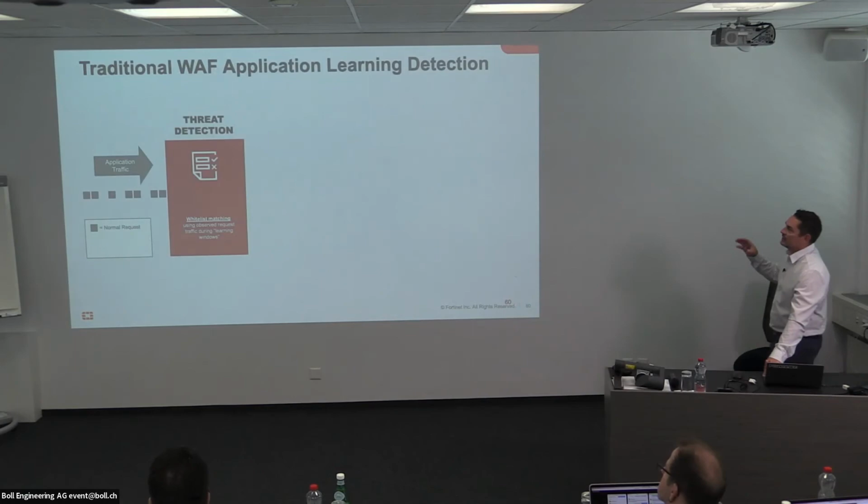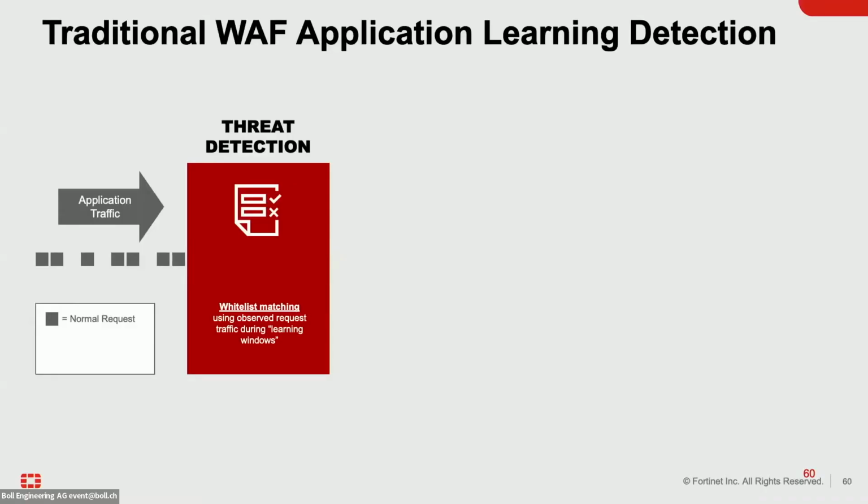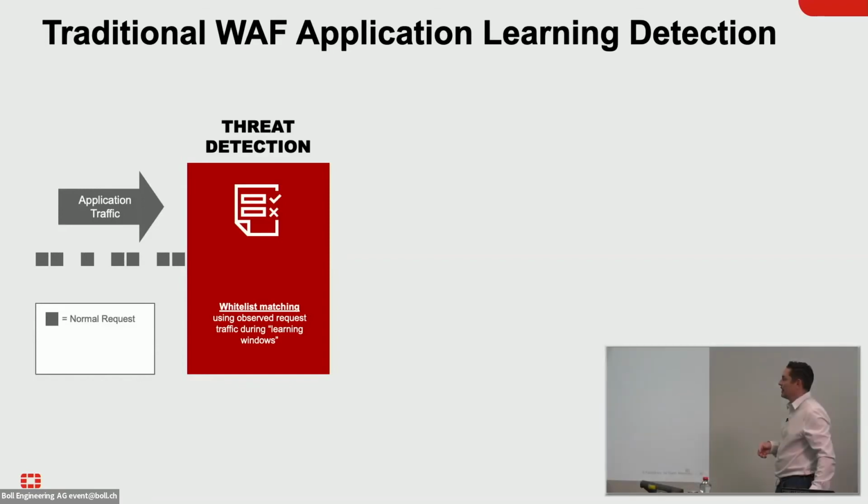So basically, in a traditional WAF solution, we have the normal traffic, the requests. They go to a threat detection model, which is basically whitelisting. This is how it was done in the past in some open source solutions. If an anomaly is detected, we should also distinguish the anomaly from the threat part.